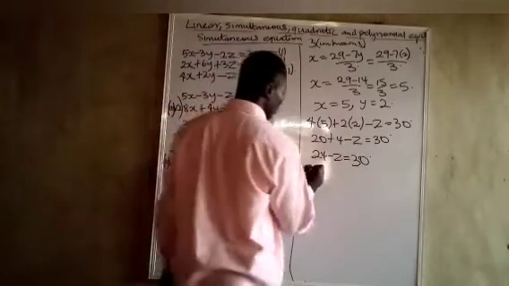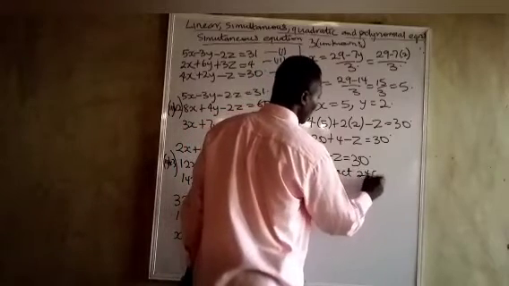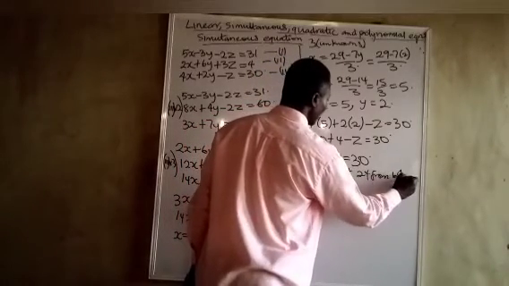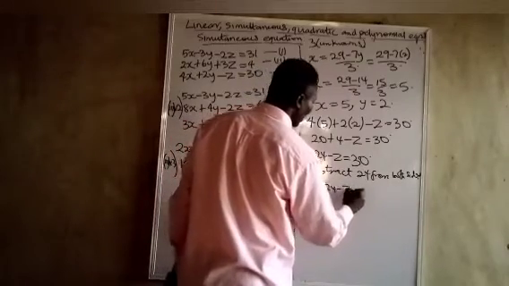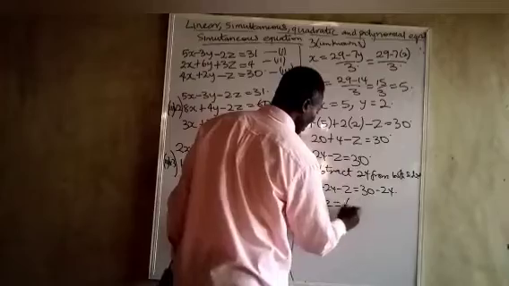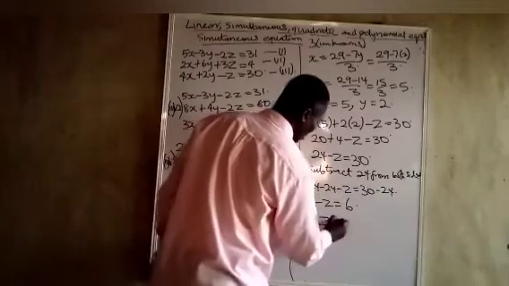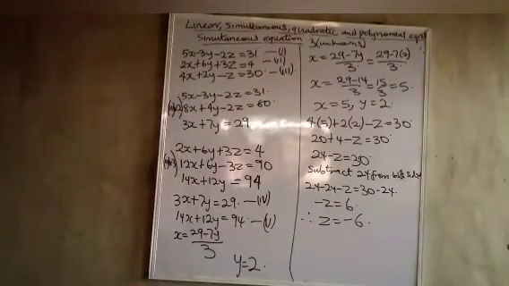Let's subtract 24 from both sides. So I have 24 minus 24 minus z is equal to 30 minus 24. So minus z is equal to 6. Therefore, z will be equal to minus 6. So our z is equal to minus 6.